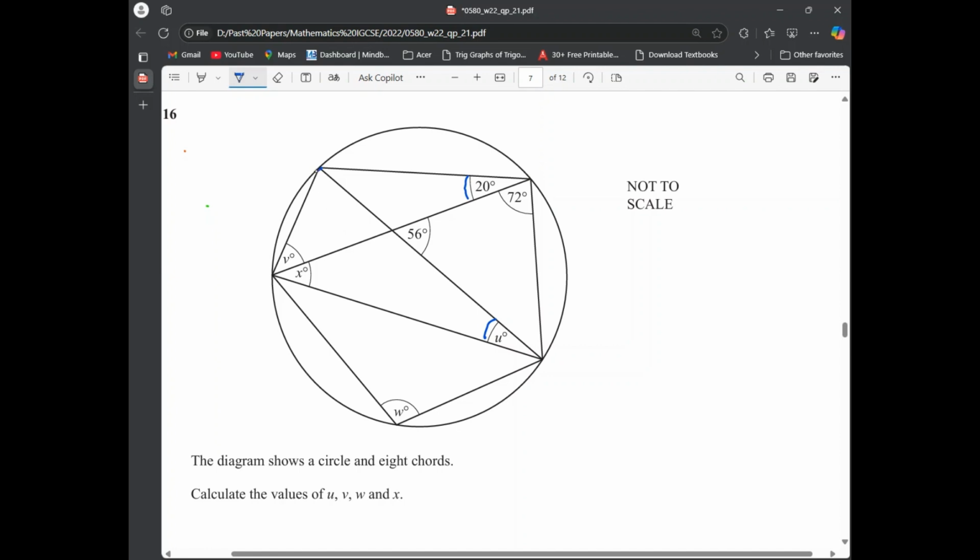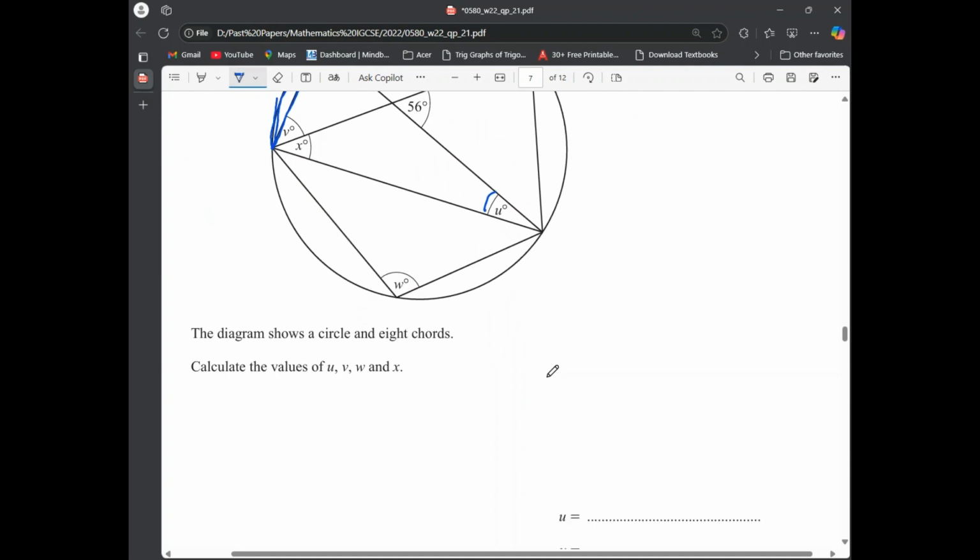The reason for that is that u and 20 degrees are subtended by that arc there. So you can say angles subtended by the same arc in the same segment are equal, or angles subtended by the same chord are equal. So I'm going to write in my answer for u first as 20 degrees.